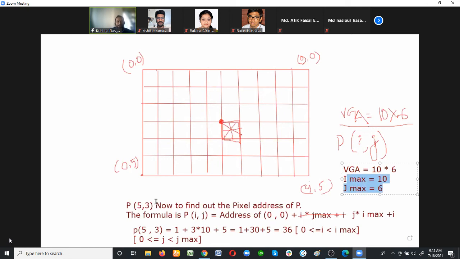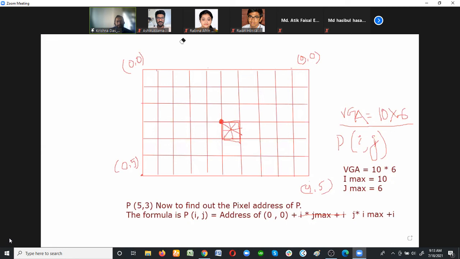Now let's consider that we have a value which is not valid. For validation, we can check if the Pij has been given, maybe a value equal to or more than the maximum, like 11 and 4, so the I value here is 11 and J is 4. If P is given as 11 and 4, then we know that our address of 0 0, the origin, is 1, then we add J into Imax.